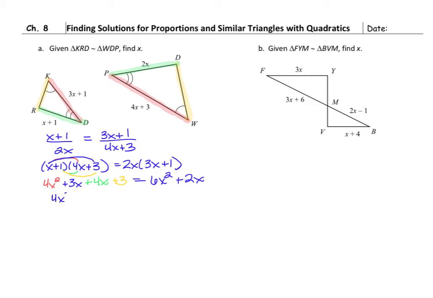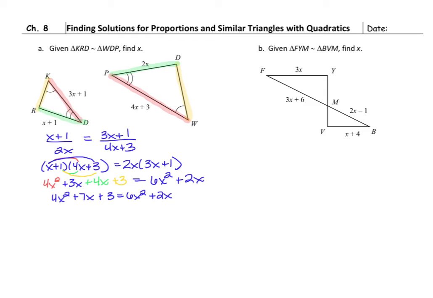So we have 4x squared plus 7x plus 3 is equal to 6x squared plus 2x. Because we have an x squared term, we want to get everything on one side. An x squared term means that we're going to have a quadratic equation, which means you're going to typically have two answers for x, so we'll have to use some kind of factoring or quadratic formula to solve.